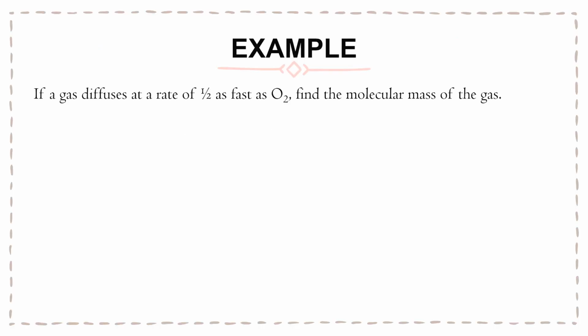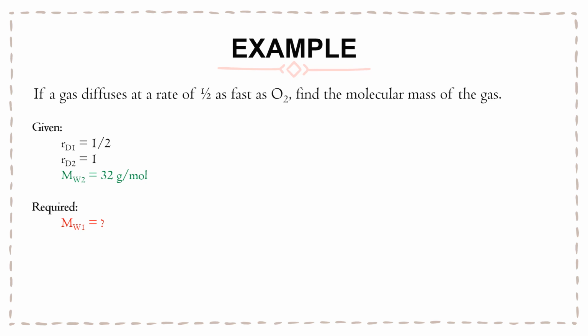Okay, so let's have some examples regarding diffusion. If a gas diffuses at a rate of 1/2 as fast as O2, find the molecular mass of the gas. You can pause the video if you want to solve this on your own, and then after that we can solve it together. We write the given first.